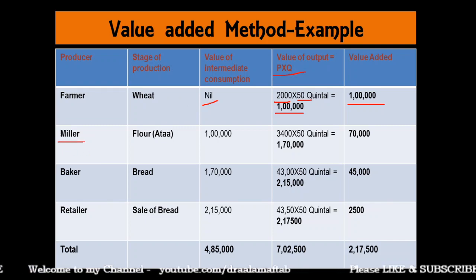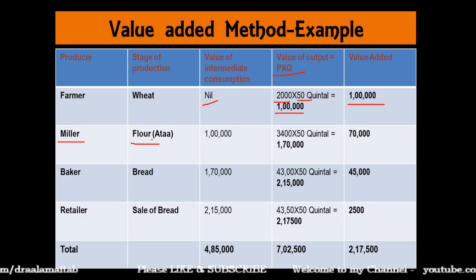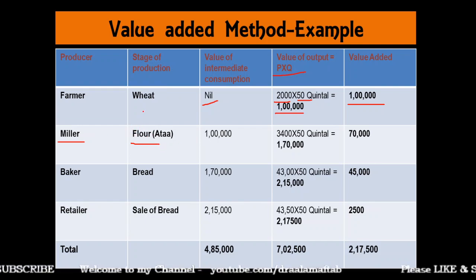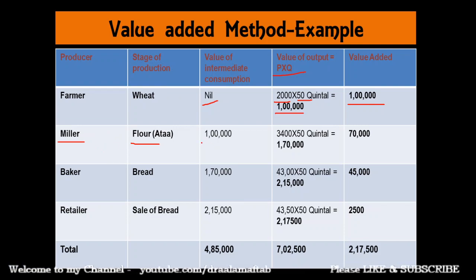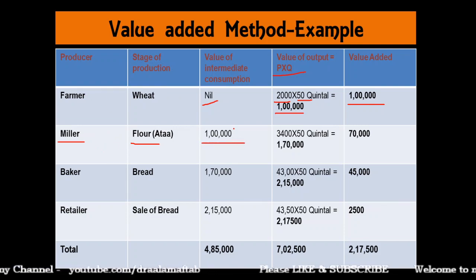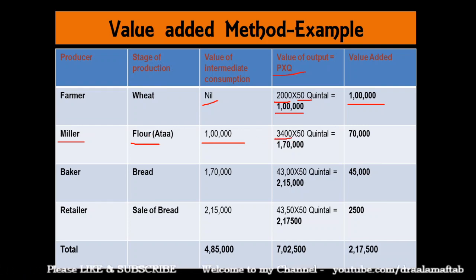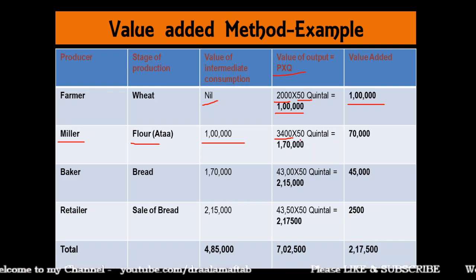Second is miller. Miller converts wheat into flour, or atta. For converting wheat, miller buys wheat from farmer worth 1 lakh rupees, and he converts it into flour and sells it at the rate of 3400, and the quantity of output is 50 quintal.